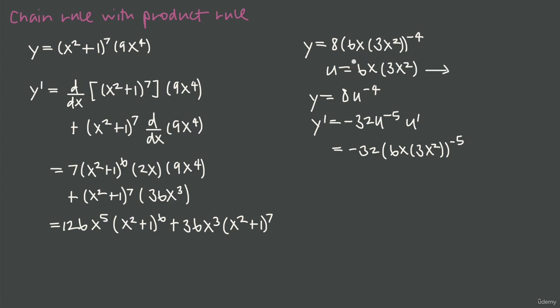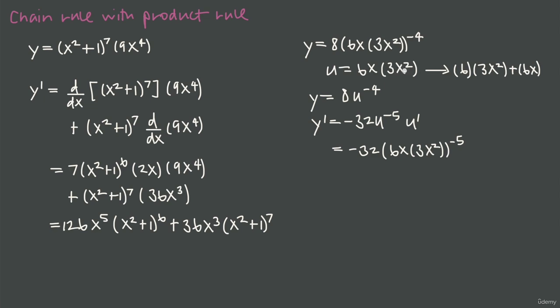Well, we know we can find the derivative of u using product rule. Product rule tells us that the derivative of this product here is the derivative of the first factor, so the derivative of 6x, which is 6. And then we leave the 3x squared alone. And then we add to that the opposite situation. This time we leave the 6x alone, and we multiply by the derivative of 3x squared.